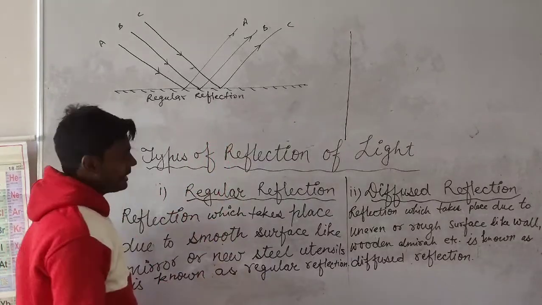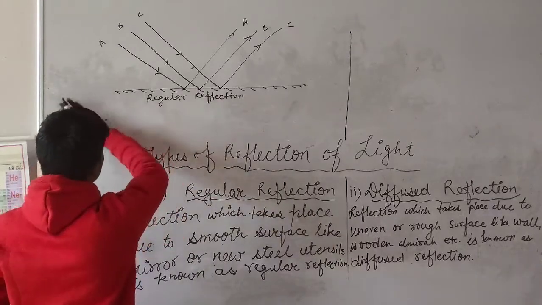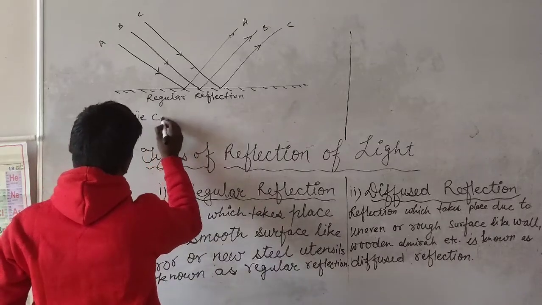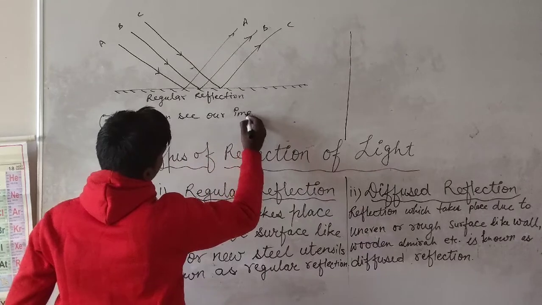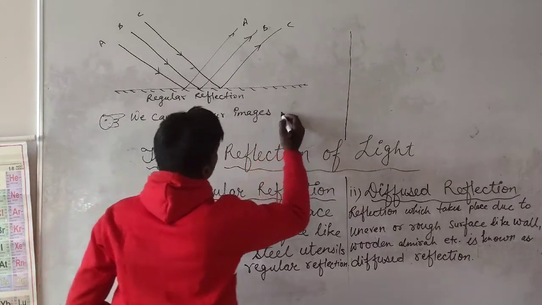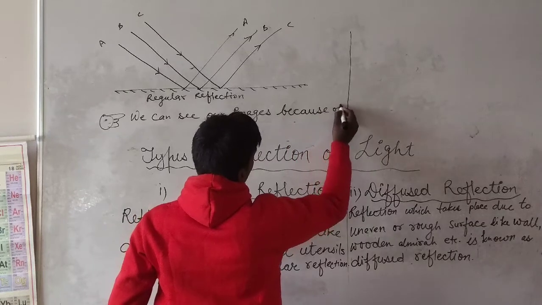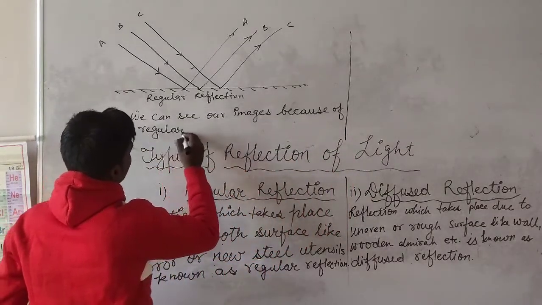Second thing, we can see our images because of regular reflection only.